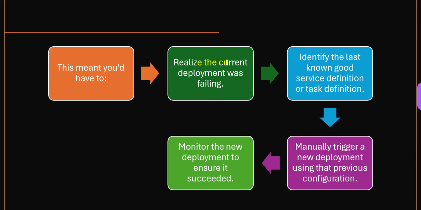You monitor, then you actually manually trigger a new deployment with the previous configuration. Remember, your new report has errors, but previous report has no errors. So this portion tells I will take the old version and put it, and you monitor that version of the deployment to ensure it succeeds.